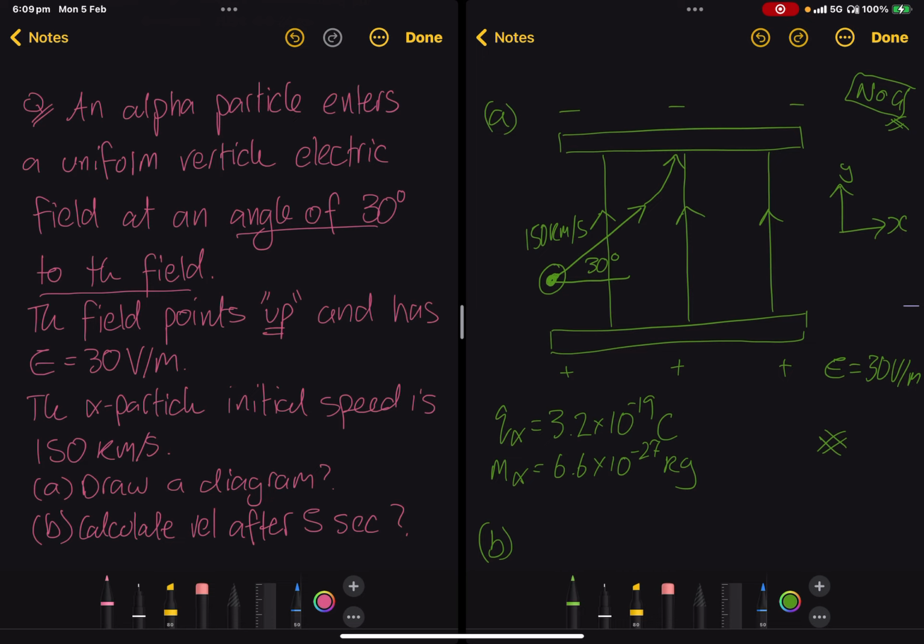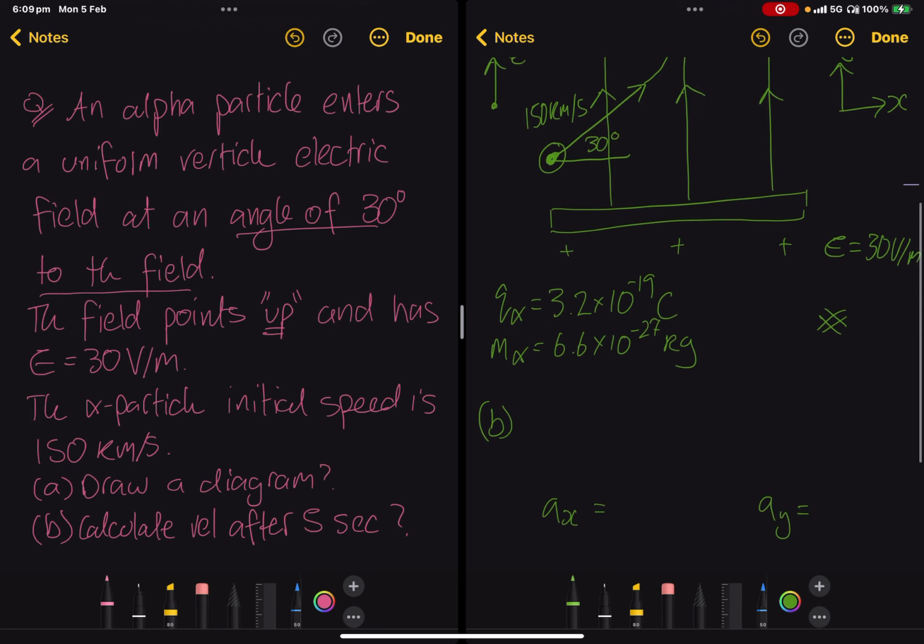So the acceleration from the field will only be towards the negative. This will be the acceleration due to the field. We have a formula for the acceleration due to the field. We know ma is equal to qE. This tells us the acceleration is q times E divided by m. So charge times field divided by mass.